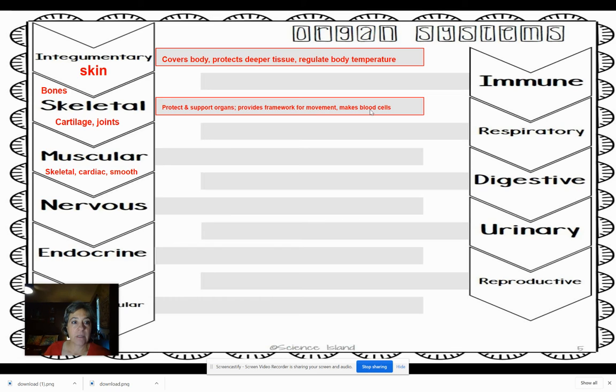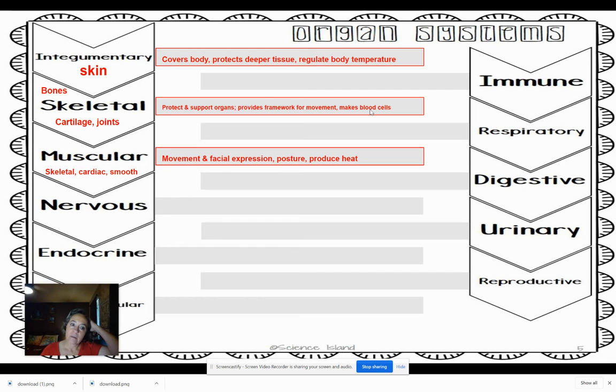The next system, the muscular system, includes skeletal muscles, cardiac muscles, and smooth muscles. The function of that is movement, facial expression, posture, and it also produces heat.